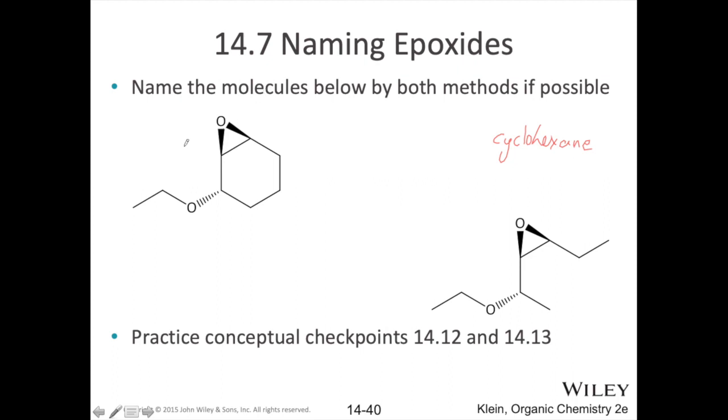So really, I guess we just go off alphabetical order here, and epoxy comes before ethoxy. So we're going to give the lower set of numbers to this. So we'll number these carbons as 1, 2, and 3. So this is 1,2-epoxy, and 3-ethoxy cyclohexane.